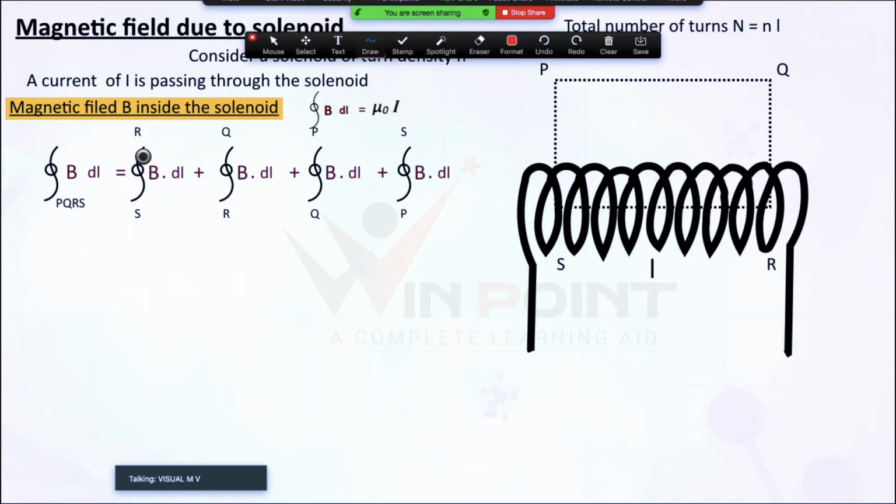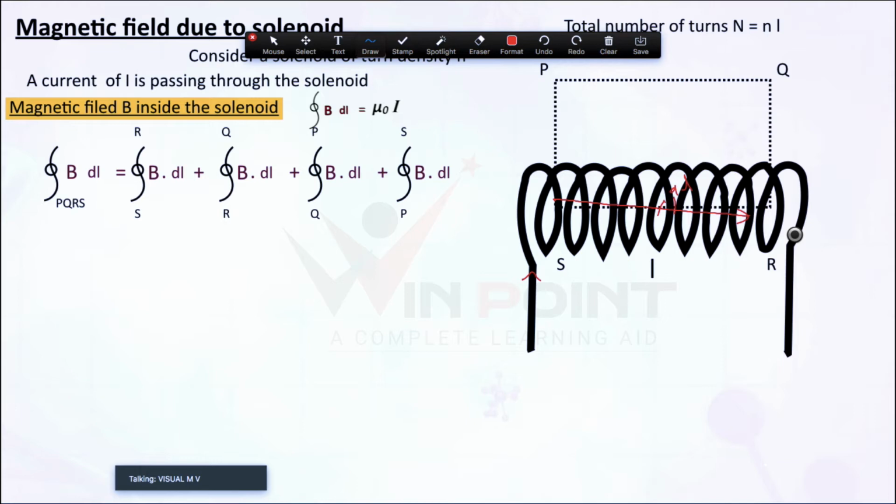S to R, this is the direction of the magnetic field. If I am considering the angle between the magnetic field and dl, this is small dl, and this is the direction of the magnetic field. This is the direction of current flow, and your thumb is pointing in the direction of the magnetic field.